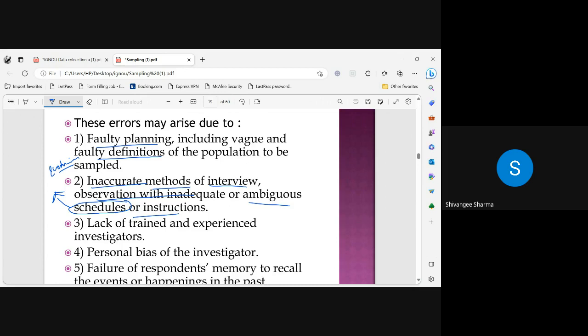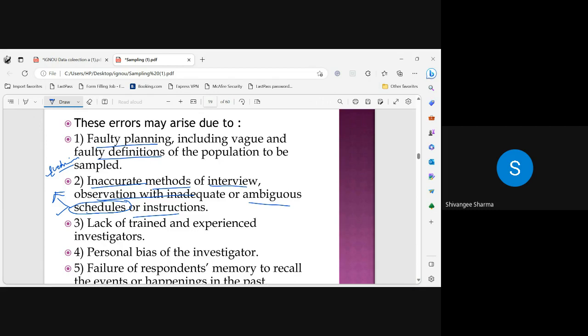The basic difference between a questionnaire and a schedule is that a questionnaire is filled by respondents themselves, but schedules are filled by researchers by interviewing or asking questions to the respondents. So if you use an inaccurate method of interview, or ambiguous, meaning confusing, schedules or instructions, then also your final results can be subjected to non-sampling errors.